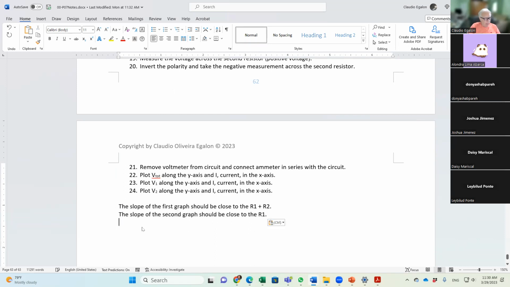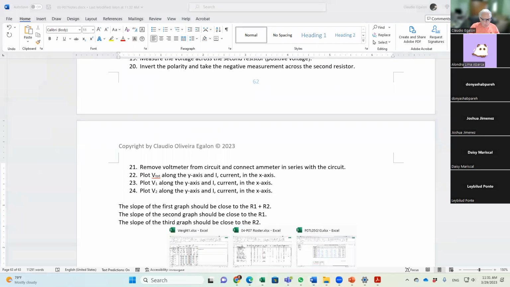The slope of the third graph should be close to R2. If they are not, that's because you did something wrong or you don't have good data there. That's what you have to do.